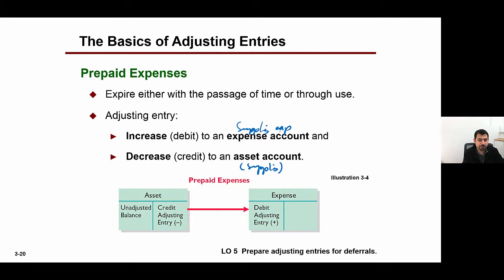Now, as you remember, expenses are debit. So in order to increase them, we debit the account supplies expense and we credit the asset account supplies in order to decrease it. As you can see here, this is the unadjusted balance of the asset, supplies. Here we credited the asset and we debited the expense.